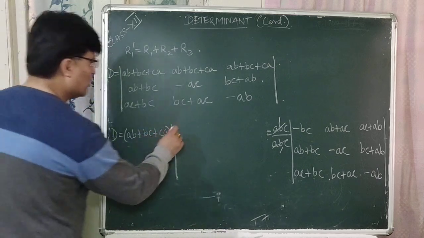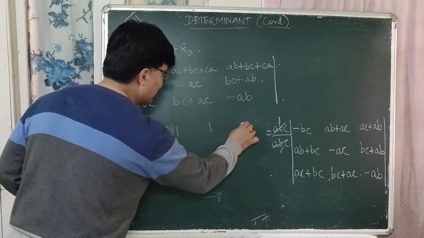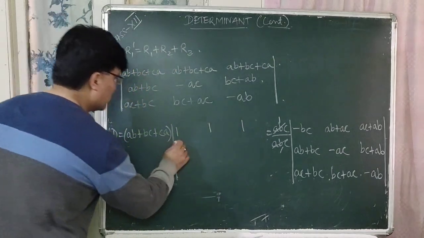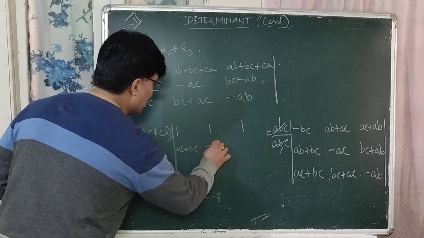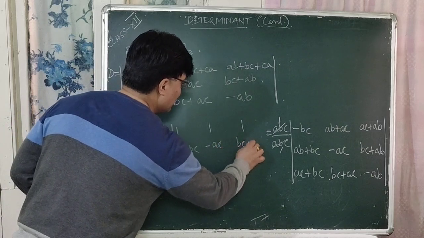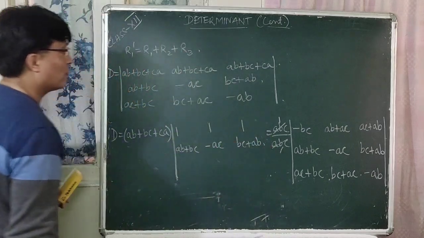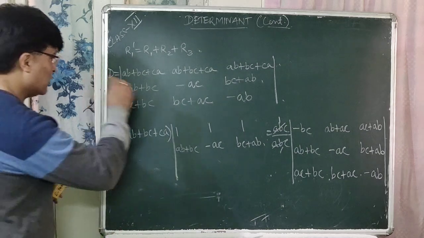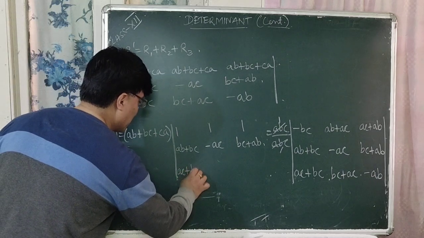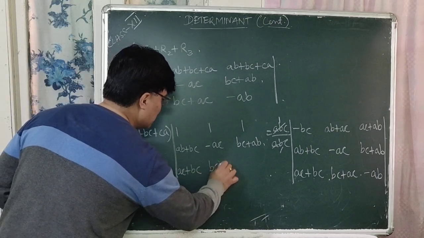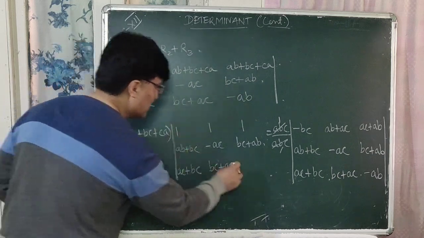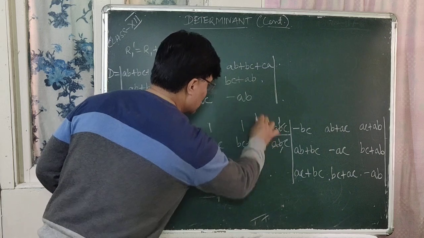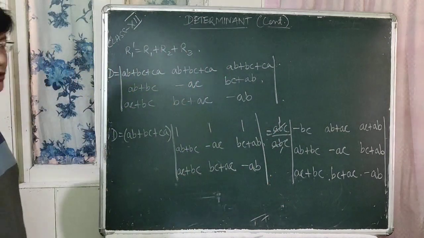What is the first row? 1, 1, 1. What is the second row? Remains the same, AB plus BC, minus AC, BC plus AB. Right? Now AC plus BC, BC plus AC, AC plus BC, BC plus AC, then minus AB. So here the determinant sign is closed.